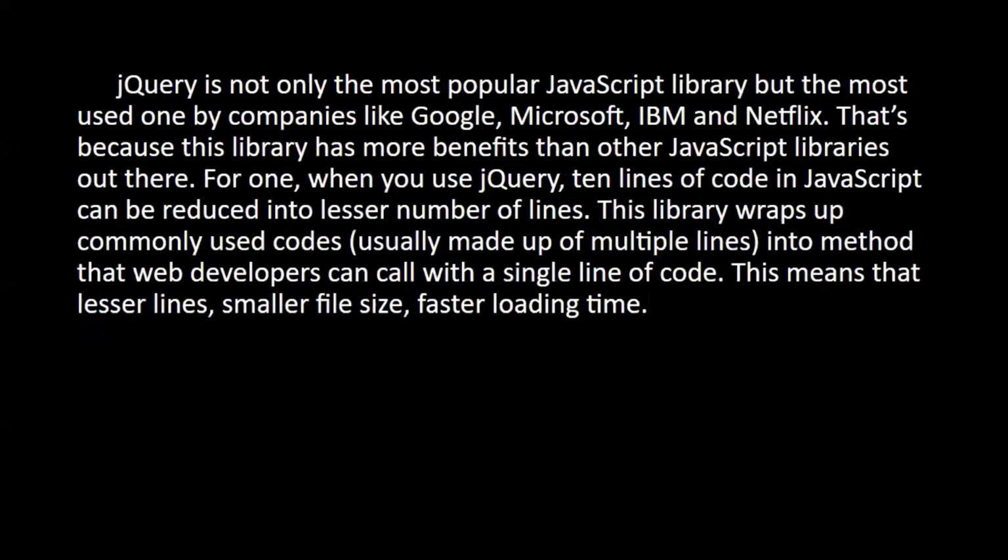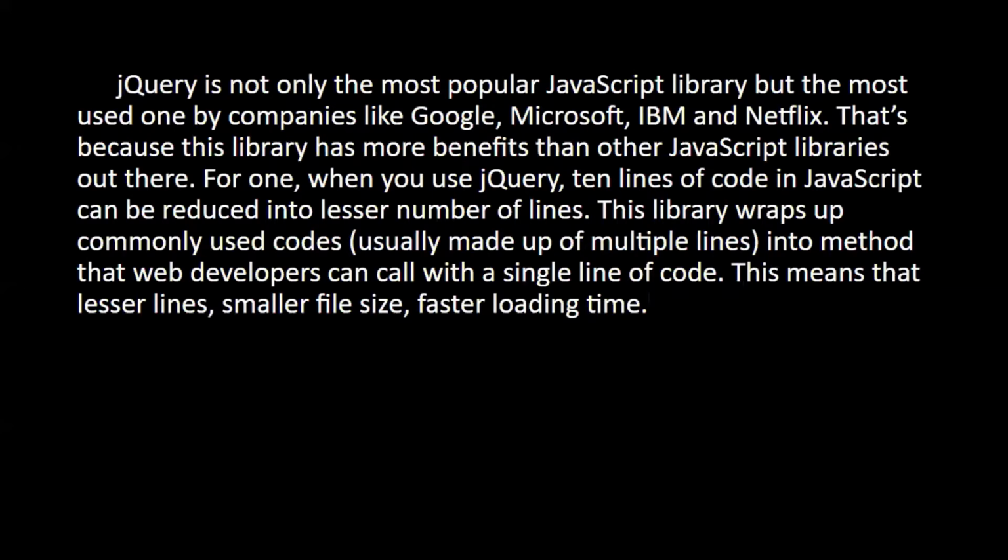jQuery is not only the most popular JavaScript library, but also the most used by companies like Google, Microsoft, IBM, and Netflix. That's because this library has more benefits than other JavaScript libraries out there. For one, when we use jQuery, 10 lines of code in JavaScript can be reduced into a lesser number of lines.